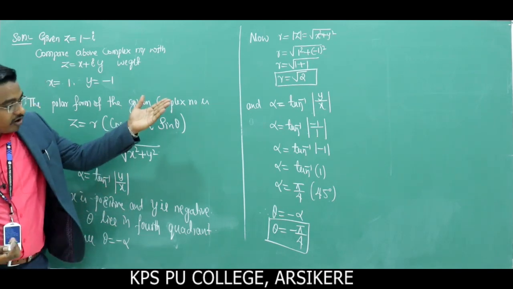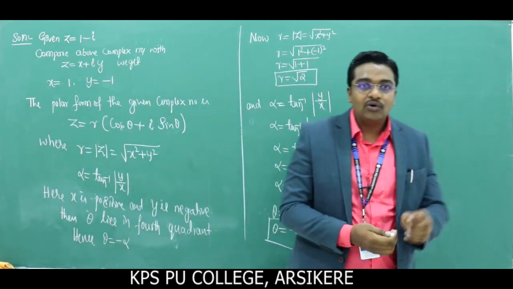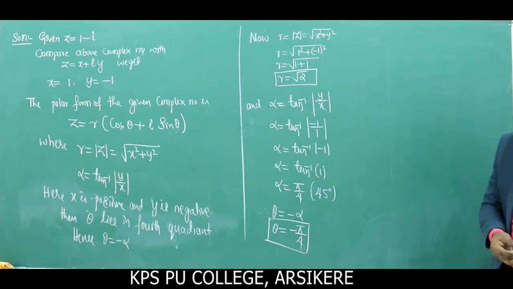If you obtain the value of r as well as theta, then substitute in z is equal to r times cos theta plus i sin theta.